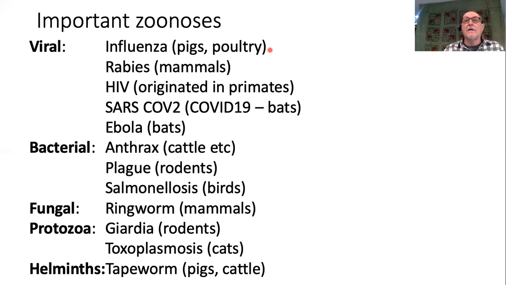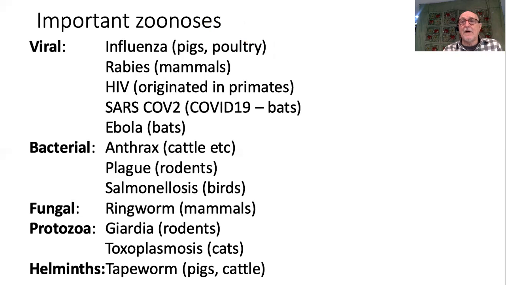And it moves, as I told you earlier, between these three reservoirs, between humans, pigs, and poultry. And unfortunately, in moving between those reservoirs, it gets modified so that we keep on seeing brand new influenza viruses arising from these interactions between these three reservoirs.